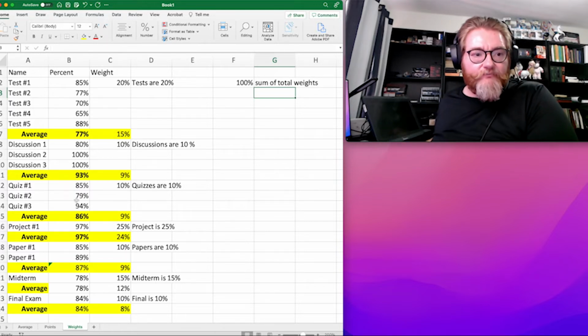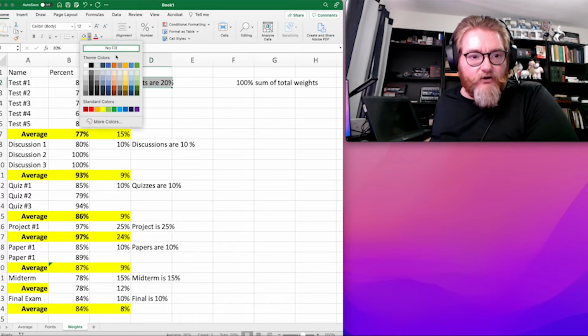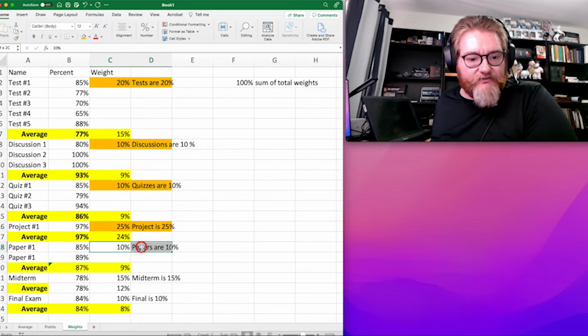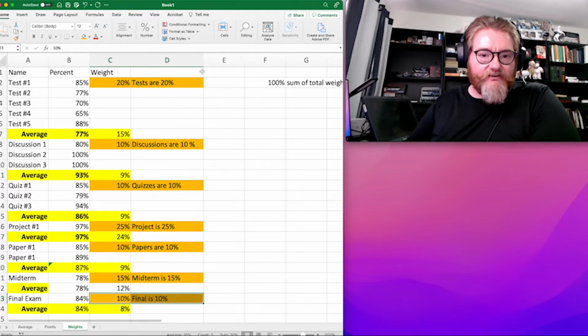So if we look, we see that tests are worth roughly 20%. Discussions are 10%, quizzes are 10%, your project is 25%, papers are 10%, midterm is 15%, and the final is 10%. So what are some things that we can figure out based on what we're seeing?